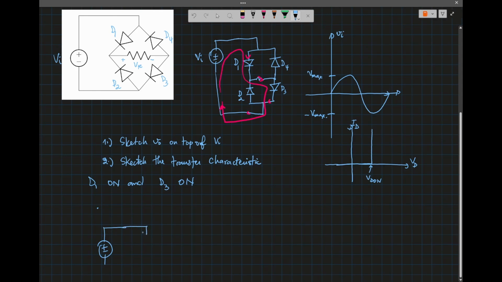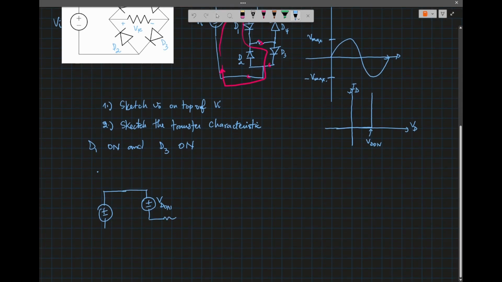In that case, we have VD on, and then we have the resistor, and VD on for D3. So D2 and D4 are off.